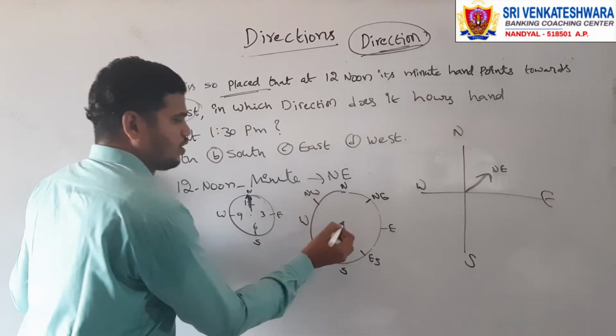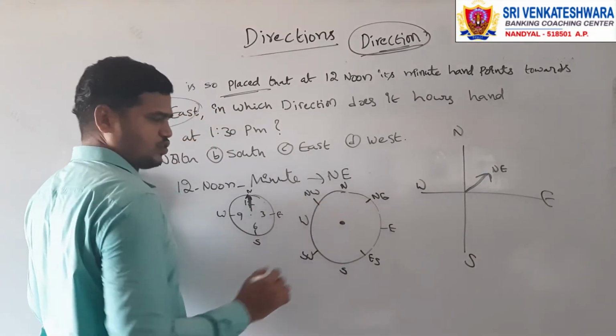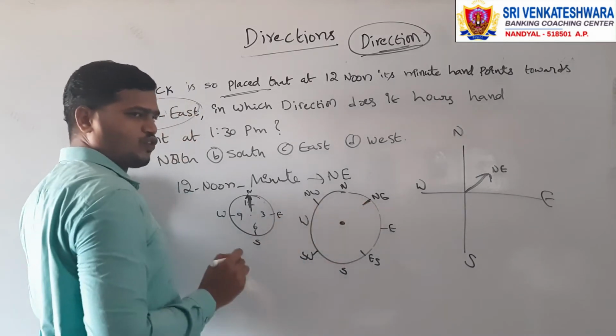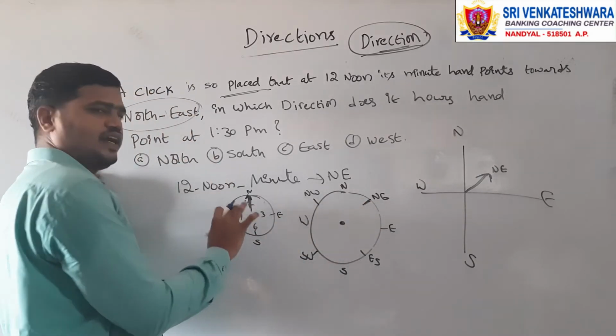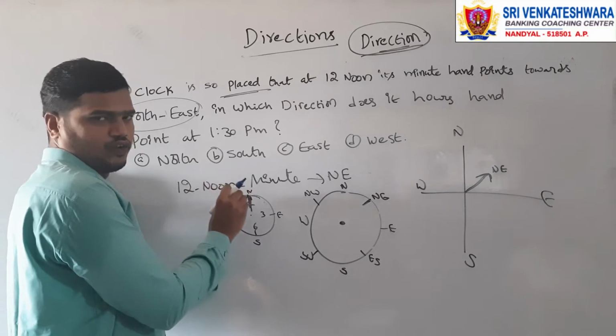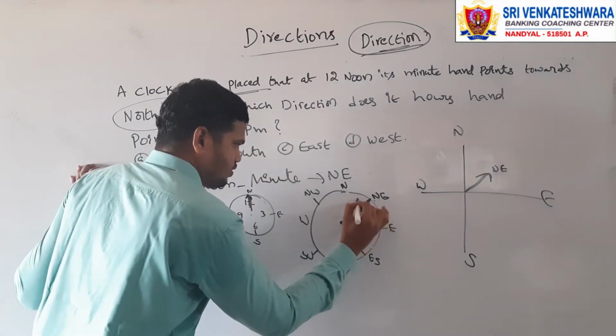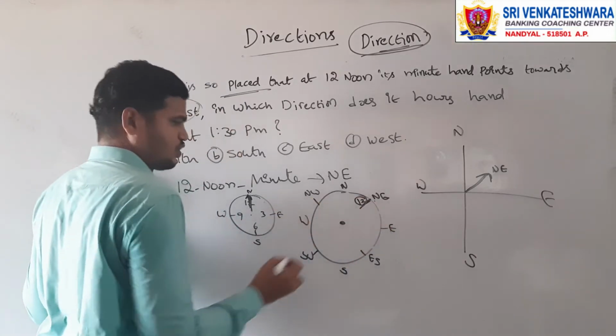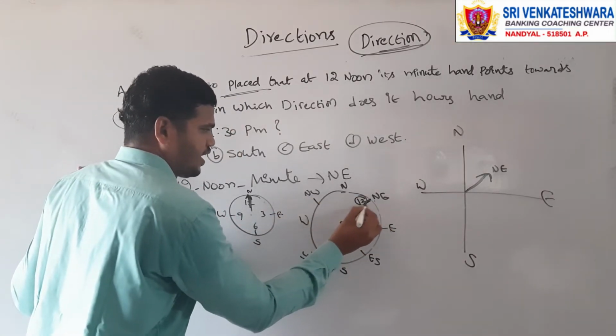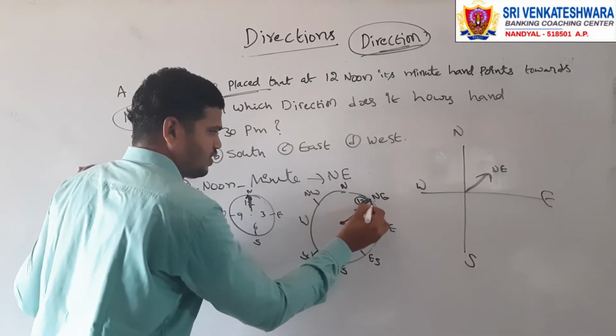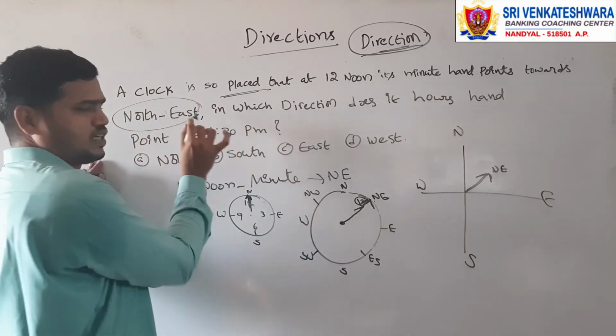Now at 12 o'clock, both the minute hand and hour hand should be at 12 exactly. So this is the 12. The minute hand and hour hand should be in the same direction. Which direction here? Northeast.